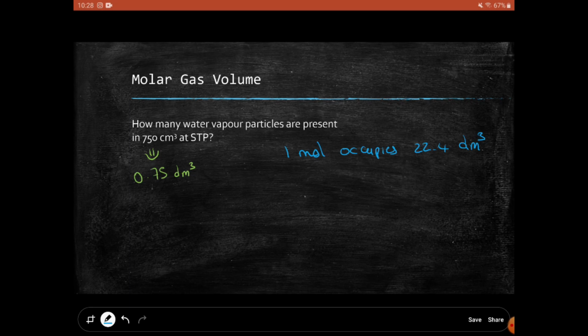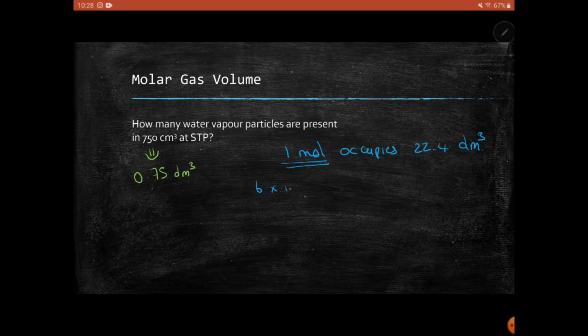Now, we could solve and find the number of moles and then find the number of particles, but we could simplify. We know that 1 mole is equal to 6 times 10 to the 23 particles, so we could write that 6 times 10 to the 23 particles occupies 22.4 dm cubed.